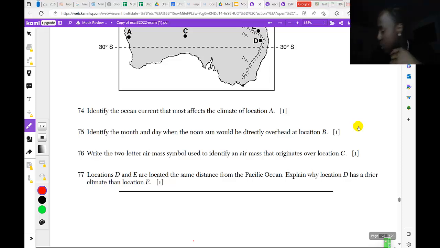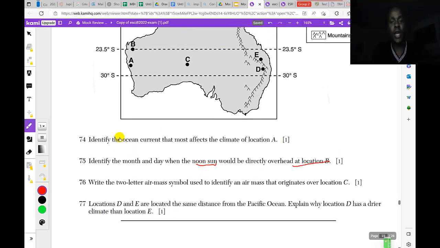The next question that you guys did very well with was question number 75. Question number 75 says, identify the month and the day when the noon sun would be directly overhead at location B. So look at this diagram.